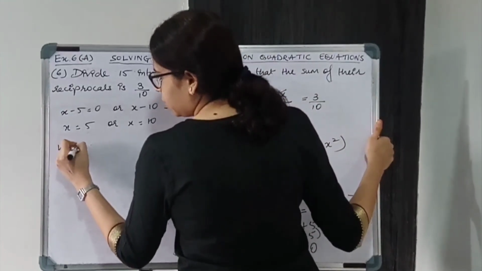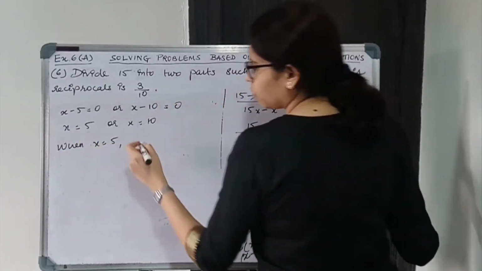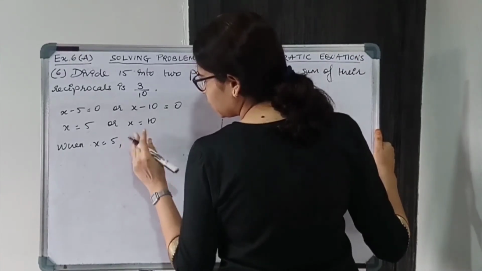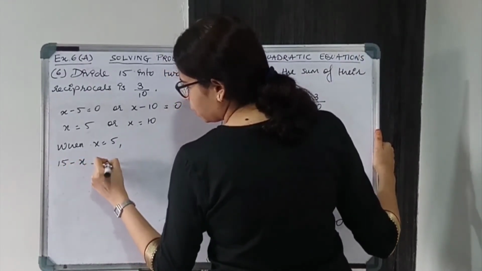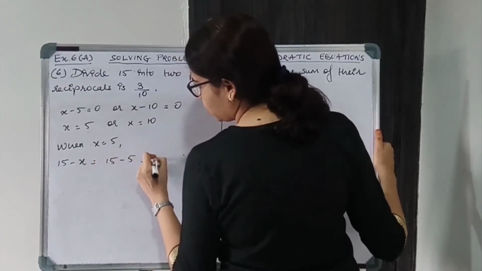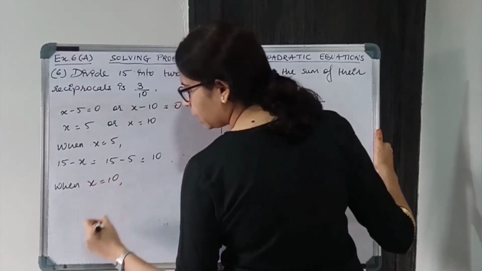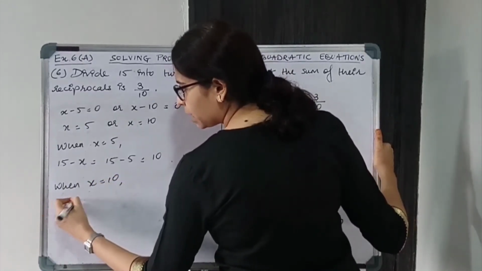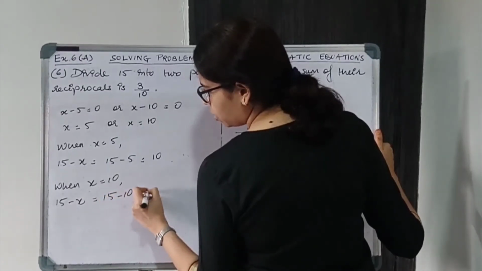So when x is equal to 5, the other part will be 15 minus x. So 15 minus x is 15 minus 5, which is 10. And when x is equal to 10, the other part is 15 minus x, which is 15 minus 10, which is equal to 5.